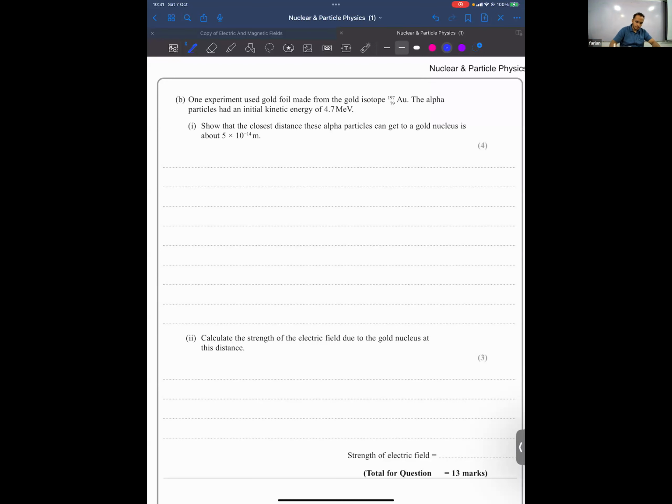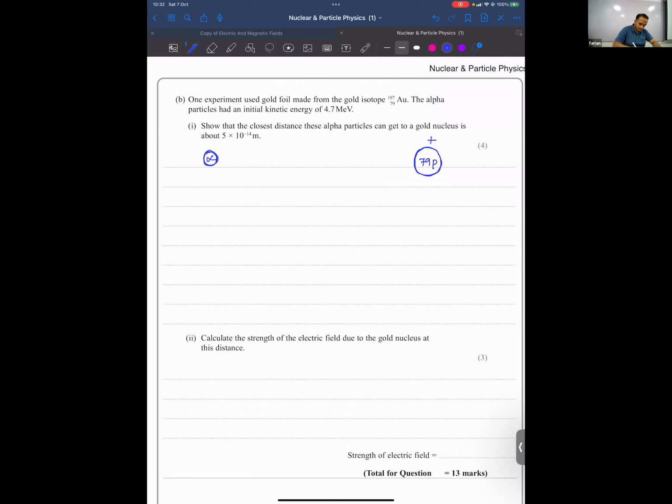Look at this, guys, there is a gold nucleus which has a charge of 79 protons, a positive charge. And there is this alpha particle. Listen carefully.